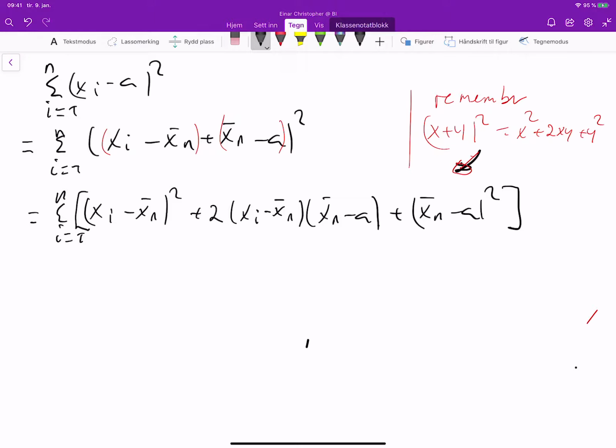Just use this red rule. And then we have to be a little smart.